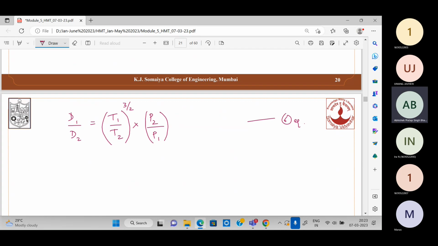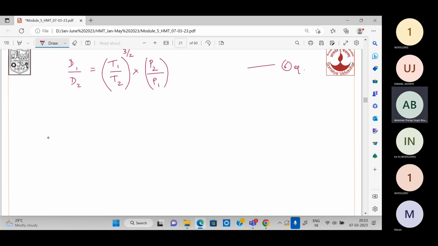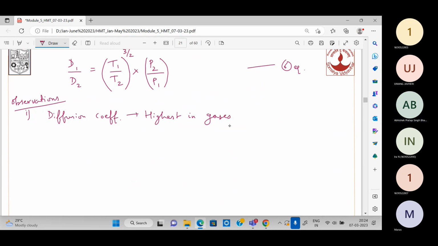For the diffusion coefficient, we can see two important observations. The first is that the diffusion coefficient is highest in gases and lowest in solids.